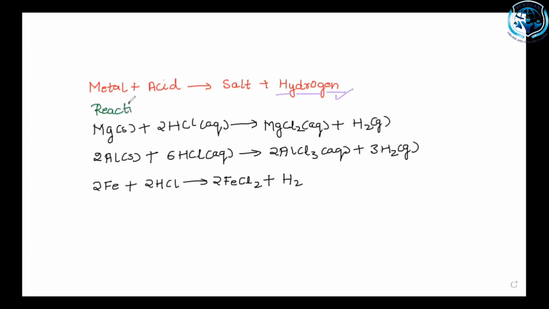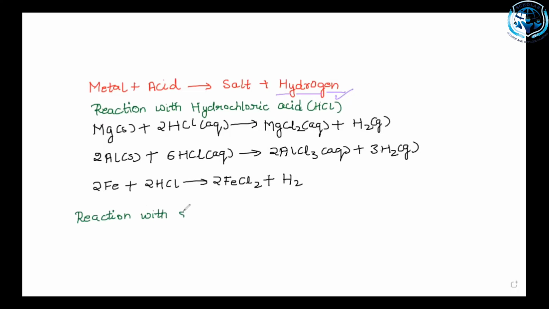A piece of flexible wire of copper does not react with hydrochloric acid even on heating. The reason is that although copper is a metal, it is placed below hydrogen in the reactivity series, and for this reason it cannot displace hydrogen from hydrochloric acid. Thus the reaction does not occur.